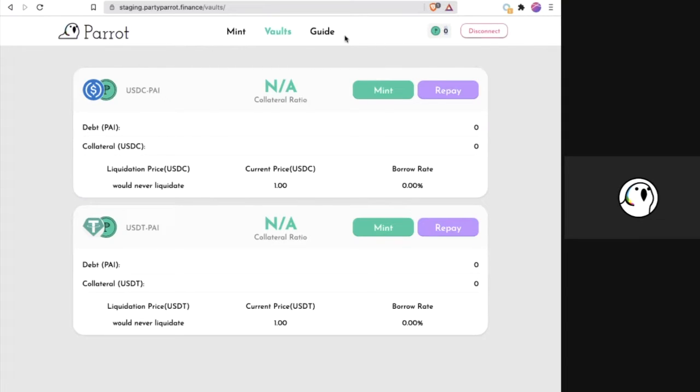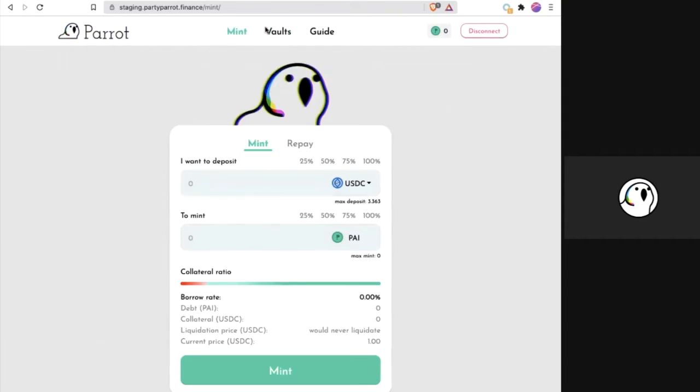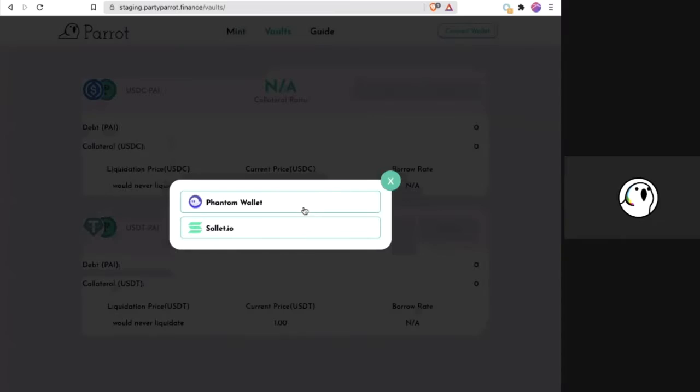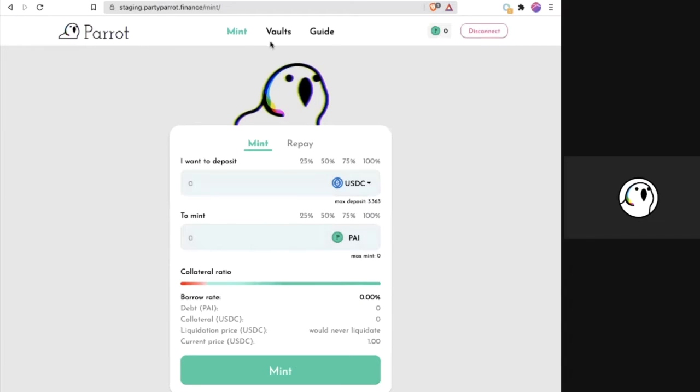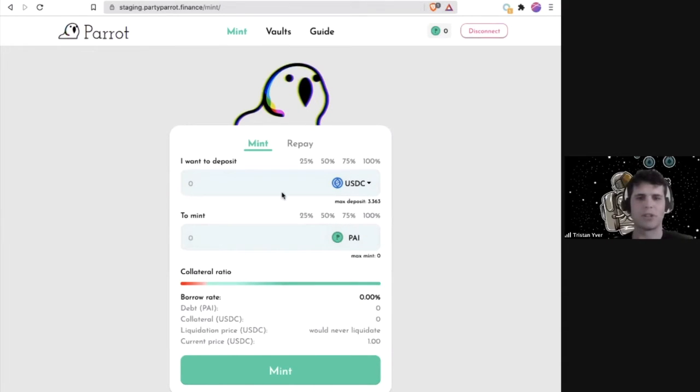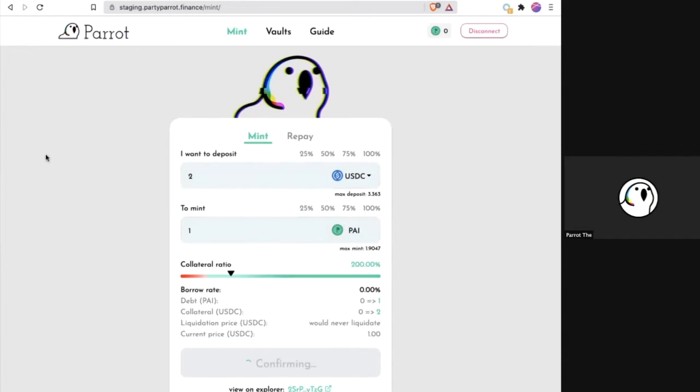It's not refreshing. Maybe the RPC is a little bit slow. Let's try reconnecting. Great. Do you want to walk us through what happens with that minted Pi? I think the transaction got dropped. Yeah.